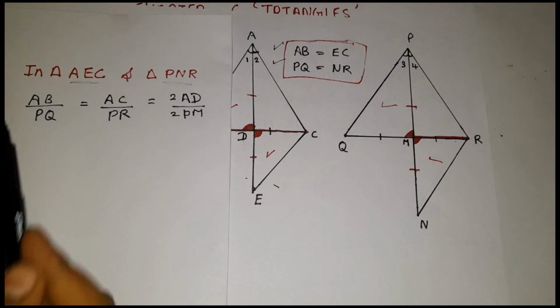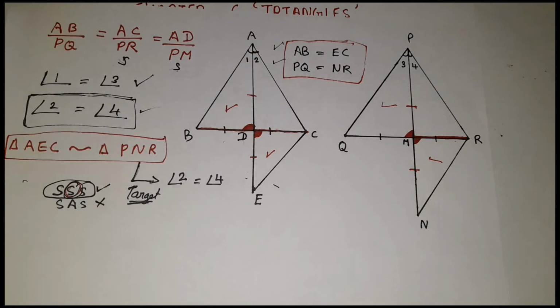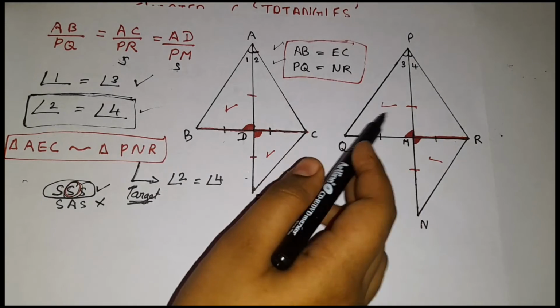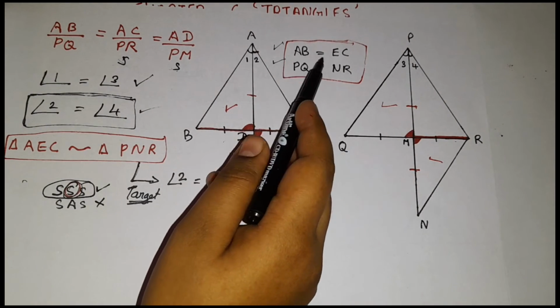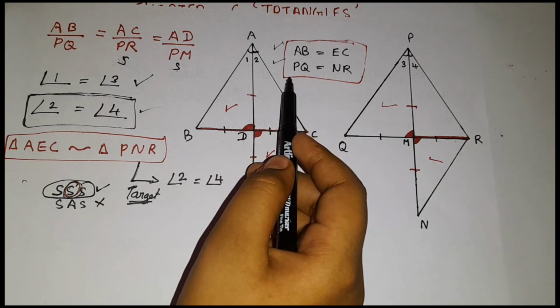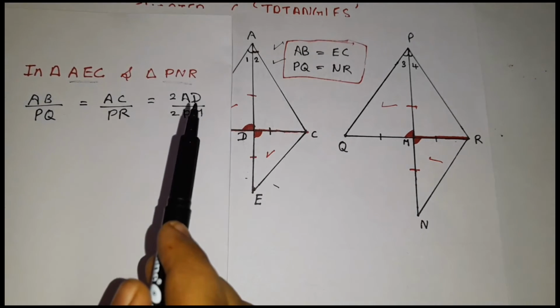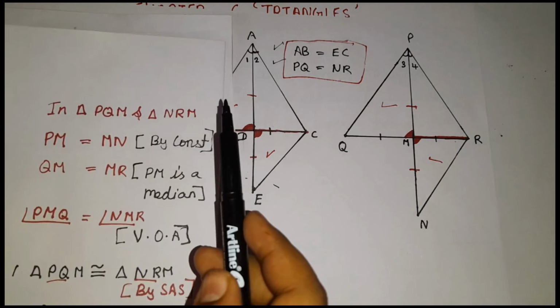Now there is a twist right over here as well. But don't worry guys, since we proved these both triangles as congruent, we got AB is equal to EC. Otherwise EC and CE both are the same only, and PQ is equal to NR. How did we get this? Just because we proved it as congruent. Am I right?